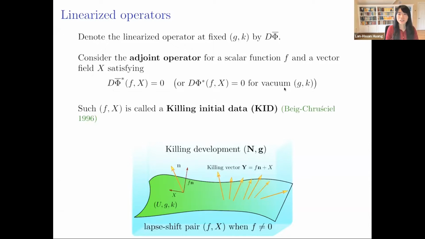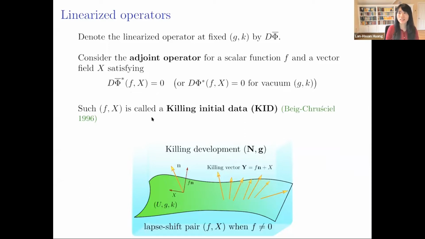In the case of a vacuum initial data set, this modified operator becomes really the usual operator. So this is only really interesting, giving something new, when the initial data set is not assumed to be vacuum. The solution, or kernel element, of this modified adjoint, or the unmodified one, falls in the category of so-called Killing initial data, named by Beig and Chruściel. Why is it called Killing initial data?